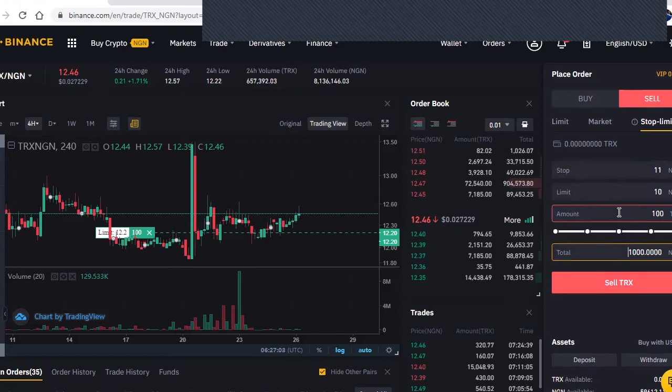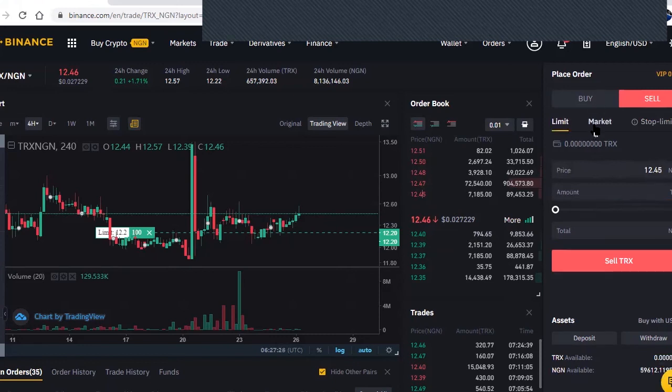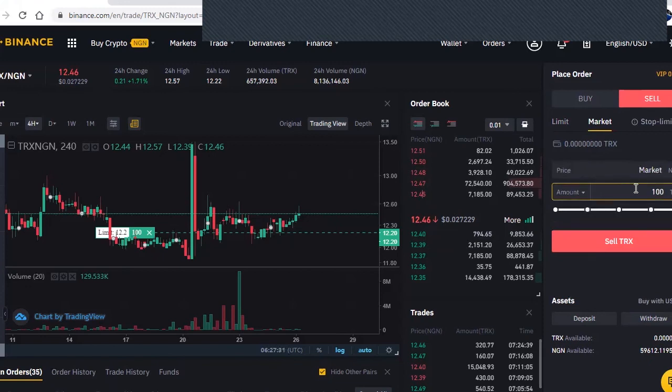Okay, let me buy some so you can get this example very well. Let me just buy at this market price. Let me just use market and buy 50, at the prevailing market price.